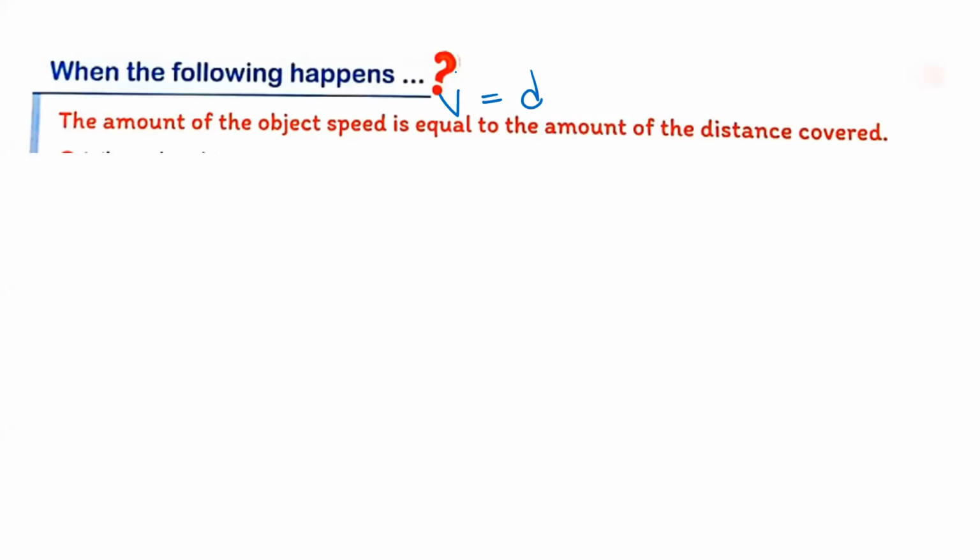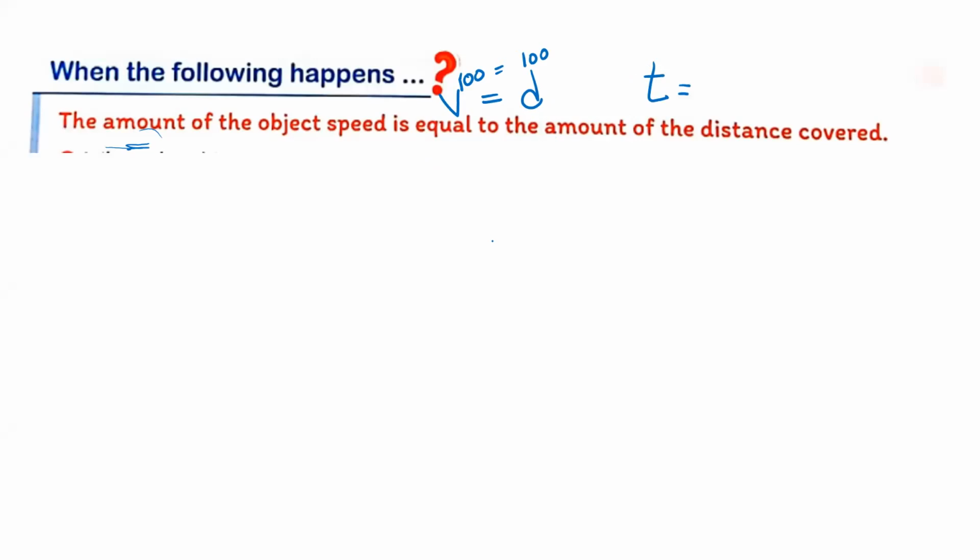Like if the speed is 100 and the distance is 100, when can I say that? They are asking here about the amount. Teacher, you mean now they are asking about the time or what? Very good that you are thinking about the time. Okay, think about the time. When the time is what? They will be equal, the speed and the distance.